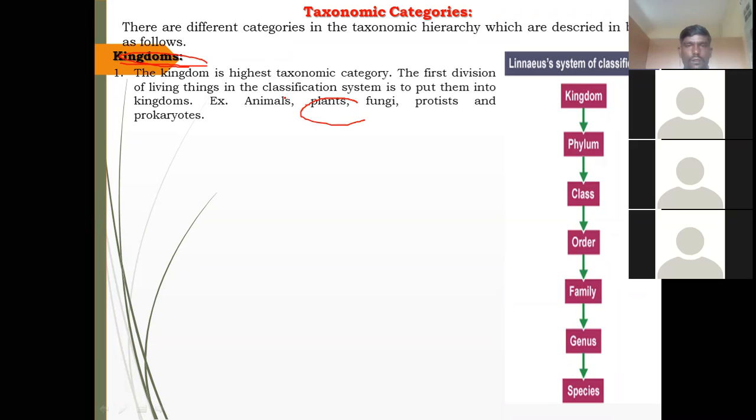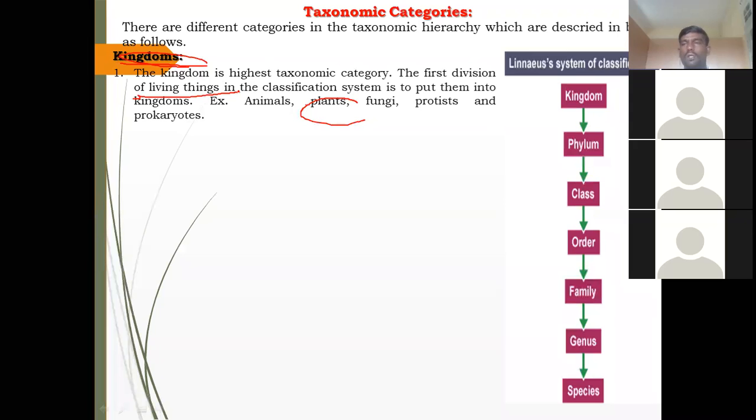This is the way to separate out your animals by using the kingdom. Do you understand? So it is called the first division of living things. The meaning of this sentence is the first division of living things in the classification.